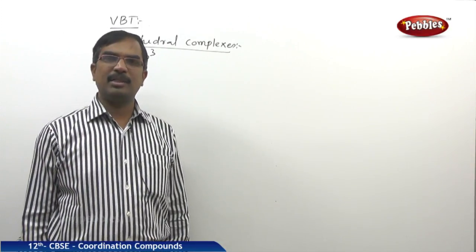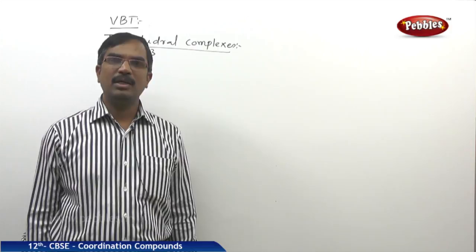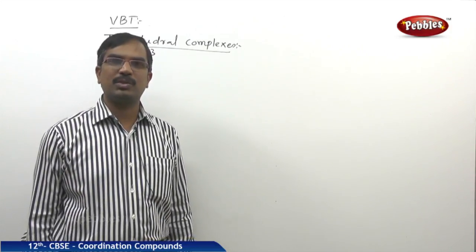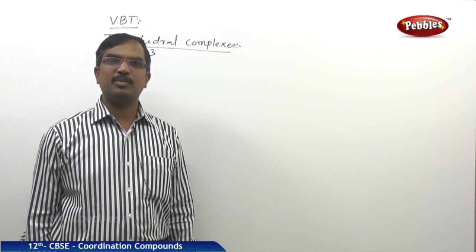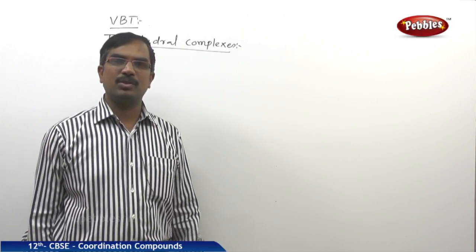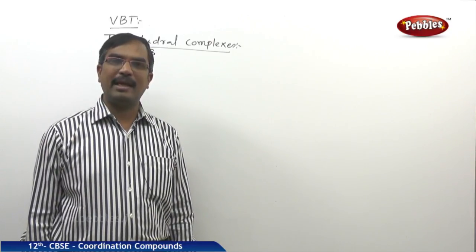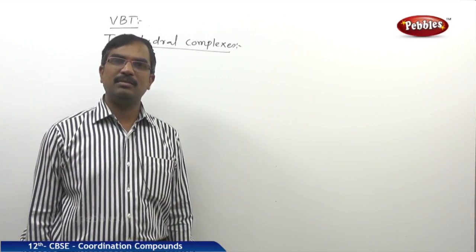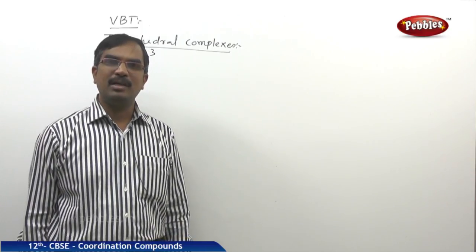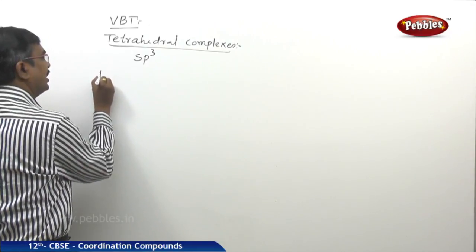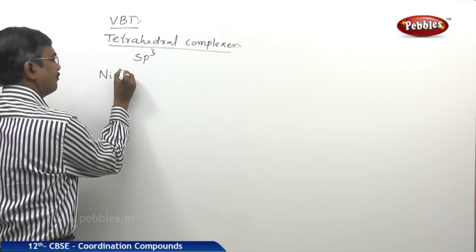That means it has vacant orbitals, which will undergo hybridization to give four sp3 hybrid orbitals. These will accept the electron pairs from the ligands, so that the resultant geometry of the complex will be tetrahedral. Let us take for example nickel tetracarbonyl.